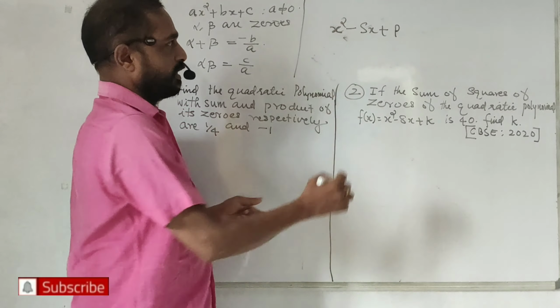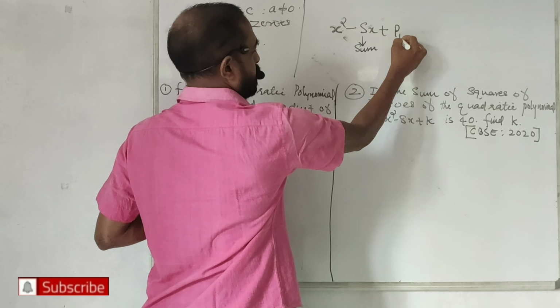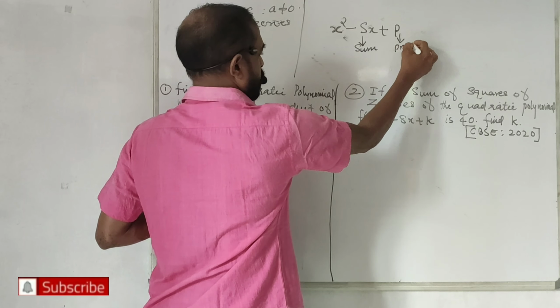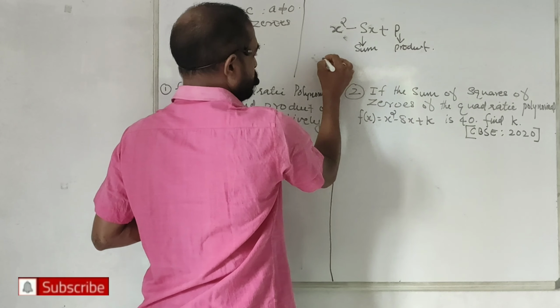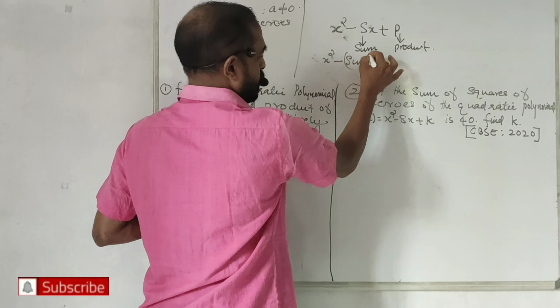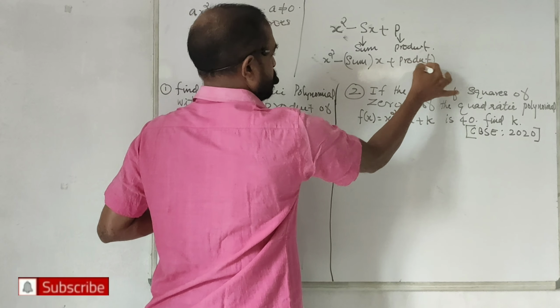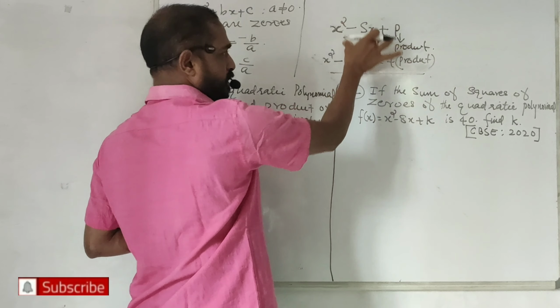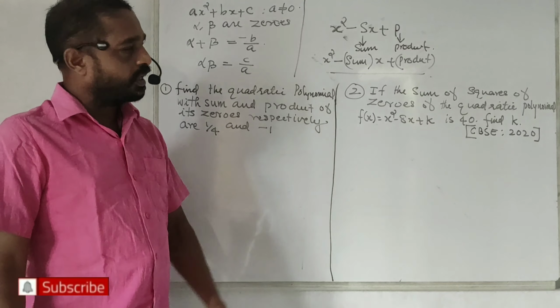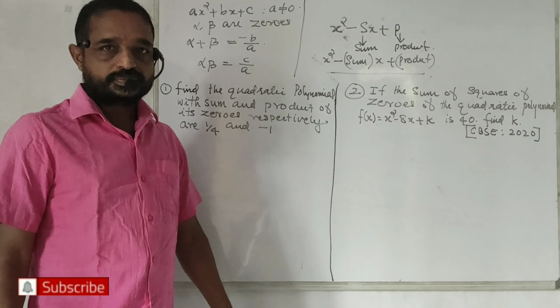What is s? S is the sum of the zeros. And what is p? P is the product of the zeros. That is, x square minus sum of zeros into x plus product of zeros. So using this expression we can form the quadratic polynomial from its zeros.